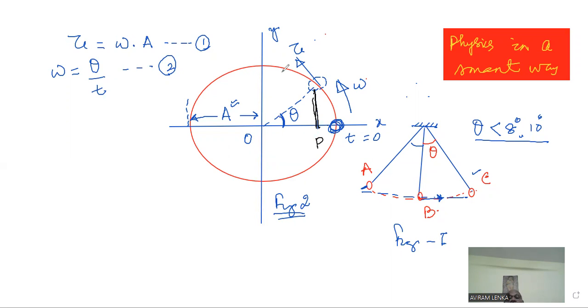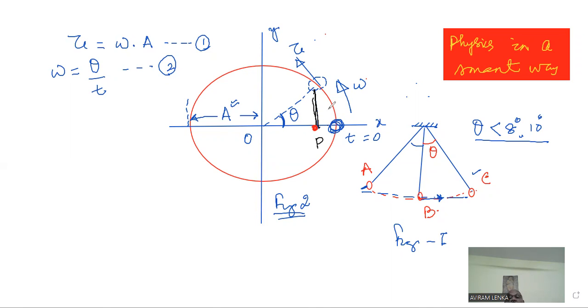As the body goes on, our point of observation will be to focus just at the foot of the normal, the foot of the perpendicular which is drawn from the body onto the x-axis.